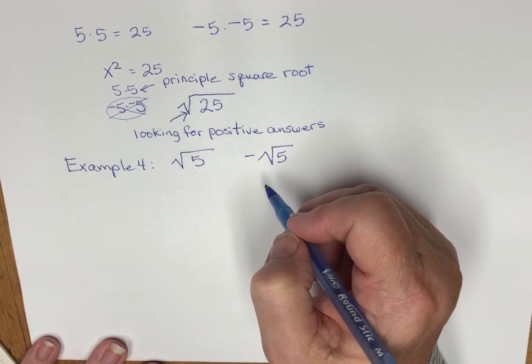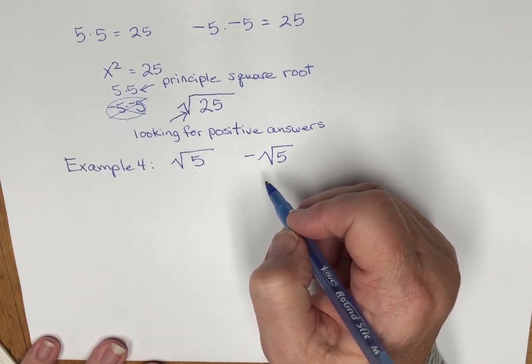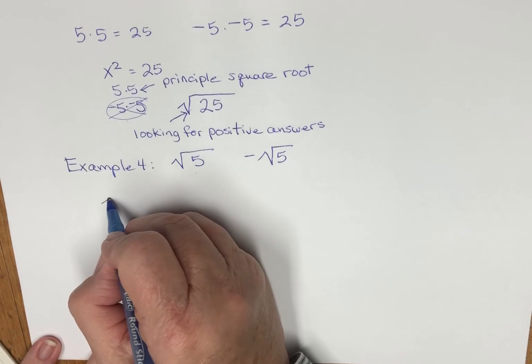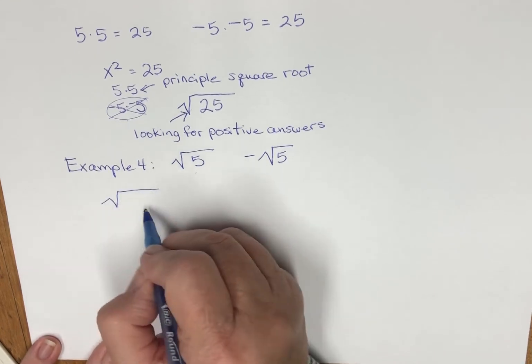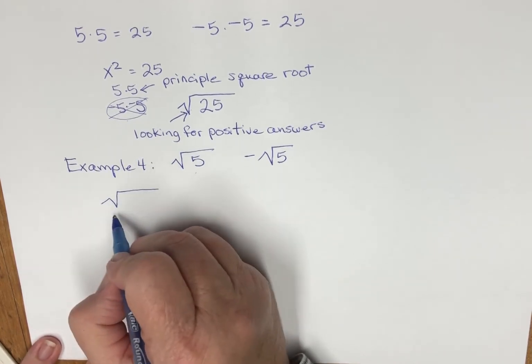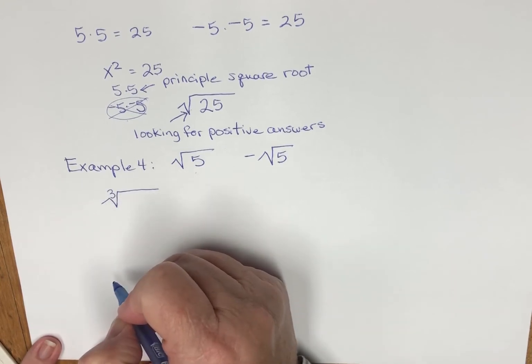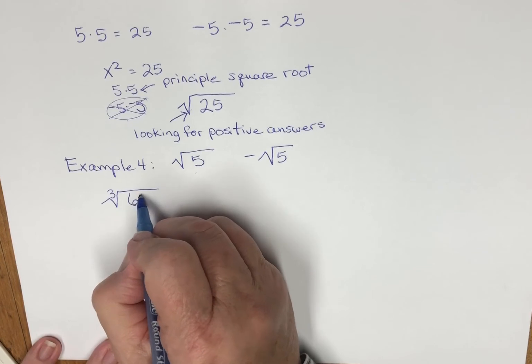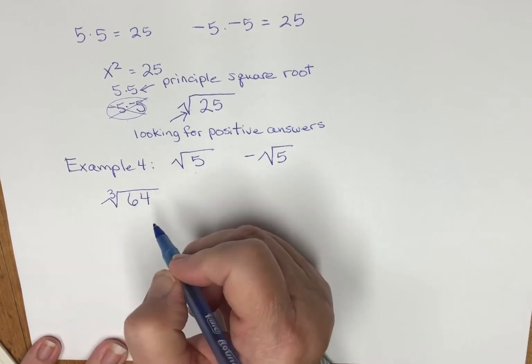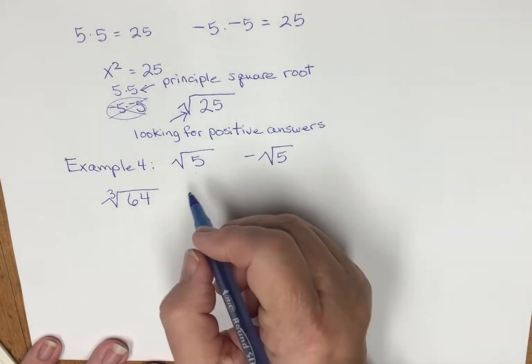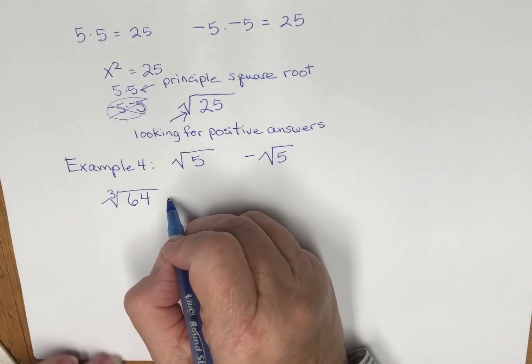We have symbols that represent other kinds of roots. So using the radical like this, normally if it looks like this, it means square root. If they put a 3 in there, that means it's a cubed root. And so what is the cubed root of 64? Well, it'd be a number times a number times a number, 3 times.